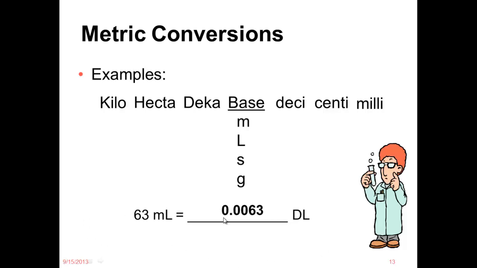And I put this last one here right in front of the decimal just kind of as a flag. It draws your attention to the fact that there's a decimal here. But if you left that 0 off, it would still be correct. So 0.0063 decaliters.